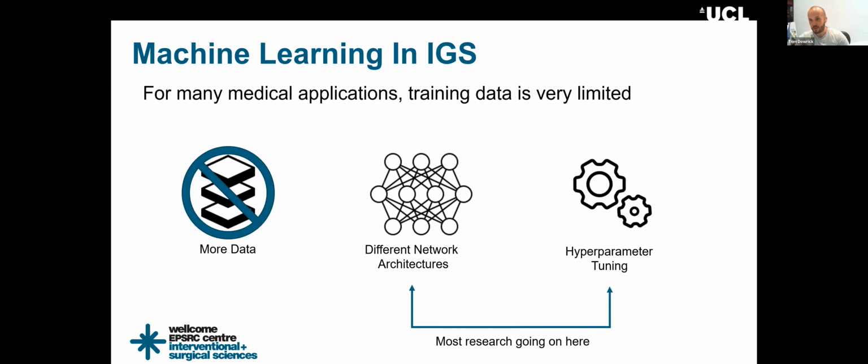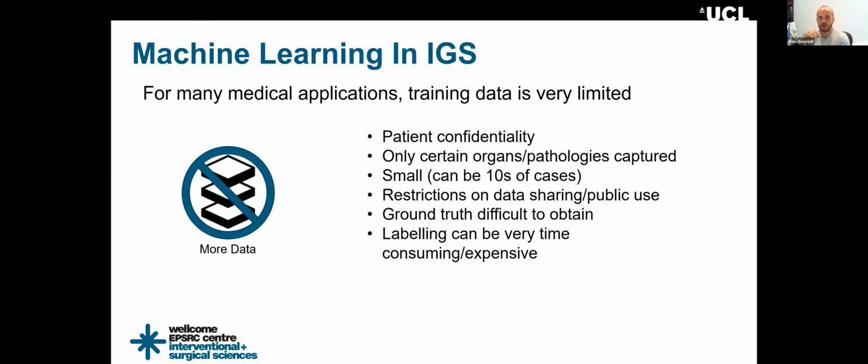So most people at the moment are looking at novel architectures or some kind of parameter tuning, which limits how people look at the problems. They always look at it from a network architecture point of view rather than a data point of view. And there are many reasons why you can't get hold of a lot of data for medical imaging.